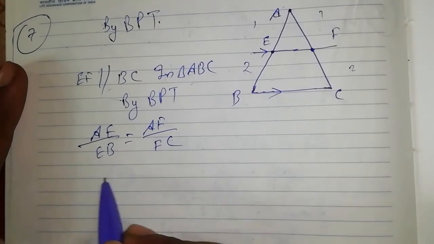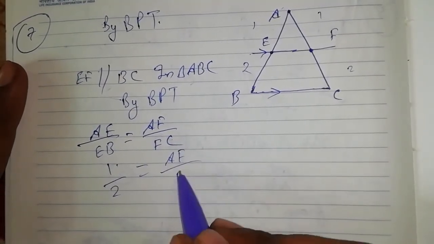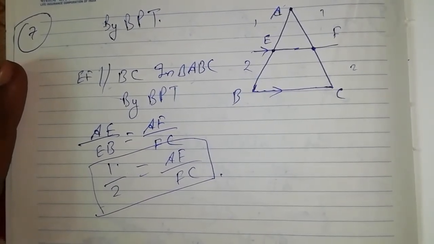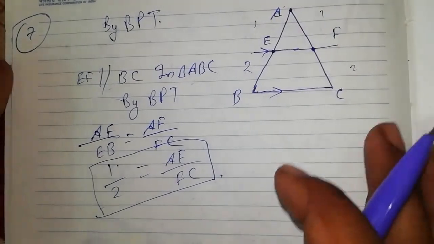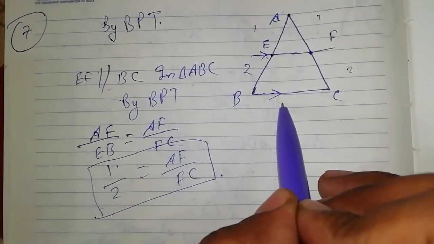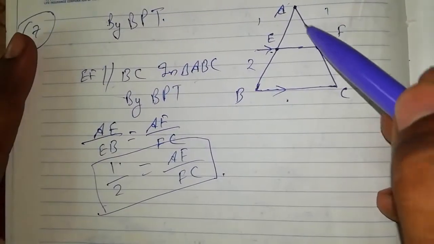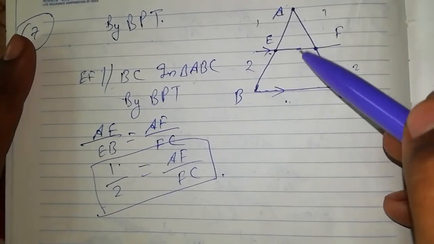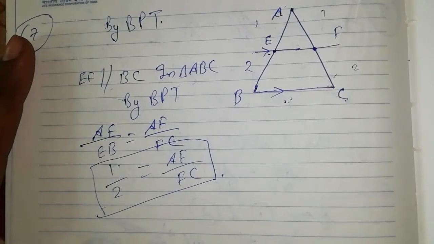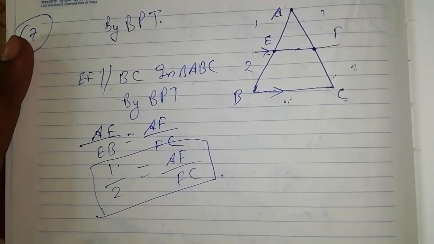If it is in 1:2, then this will automatically be in the ratio 1:2. So a line parallel to one side of a triangle bisects the third side. If these two lines are parallel, they are in the same proportion. This we have got by BPT, the Basic Proportionality Theorem.